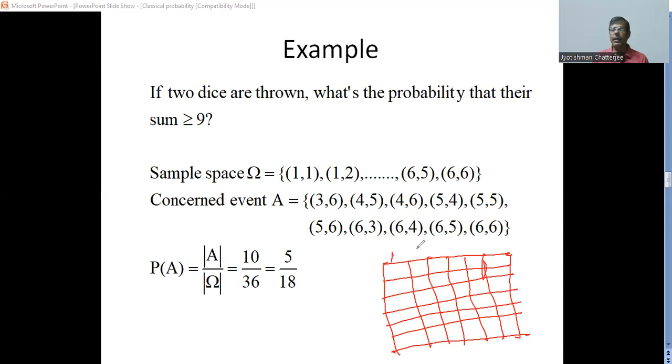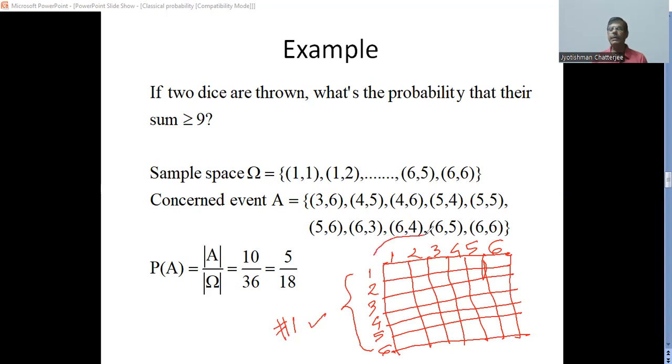So 1, 2, 3, 4, 5, and 6. This side also 1, 2, 3, 4, 5, and 6. Suppose we write down the first, the die number 1 outcome, we write on this side.